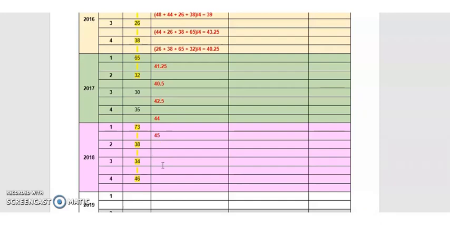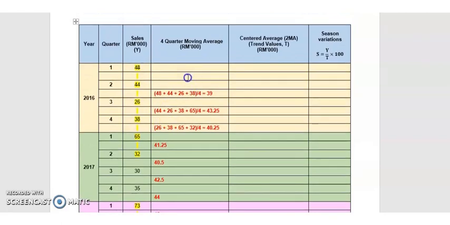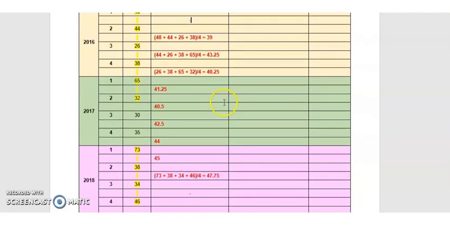So here 73 plus 38 plus 34 plus 46, divided by 4, equals 47.75. Stop here. That means there is no moving average value here, and also no 4 moving average value here.